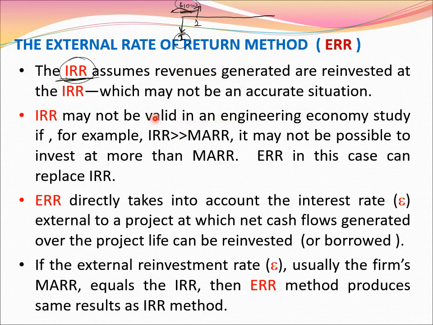IRR assumes that you are reinvesting that money in the same project with the same IRR, but it is not possible most of the time. What you can do with this money is reinvest it with MARR, not IRR. So it means that we need to modify this internal rate of return, and we replace IRR with external rate of return.